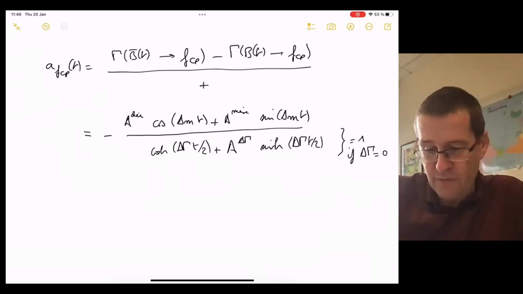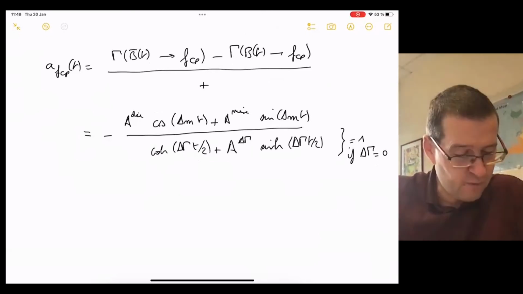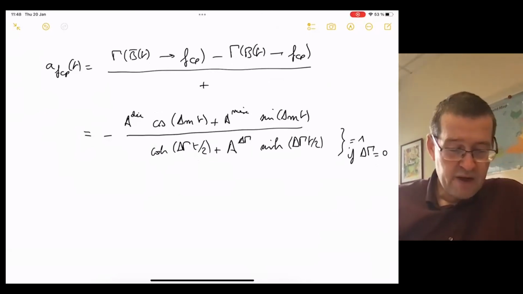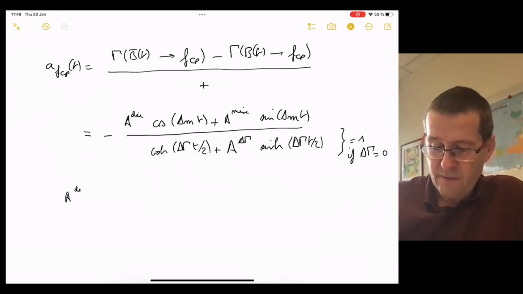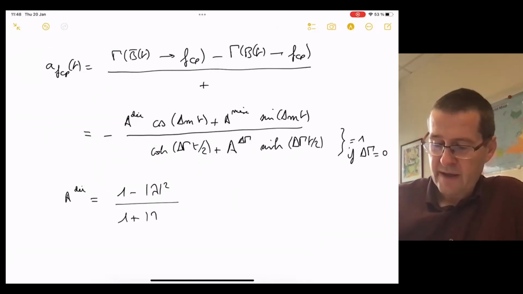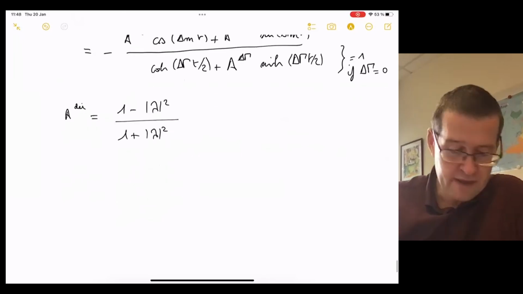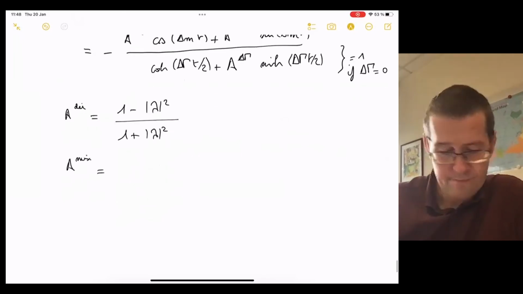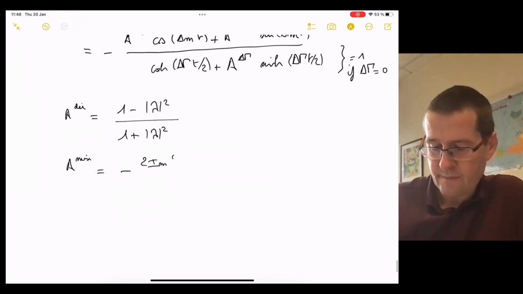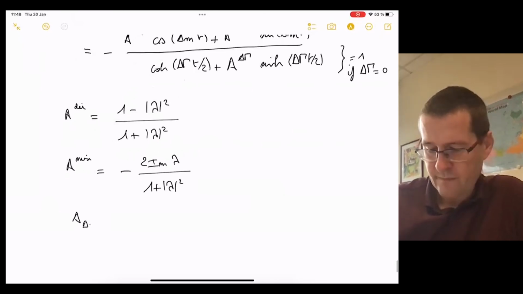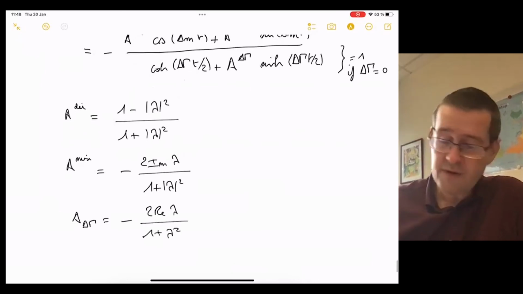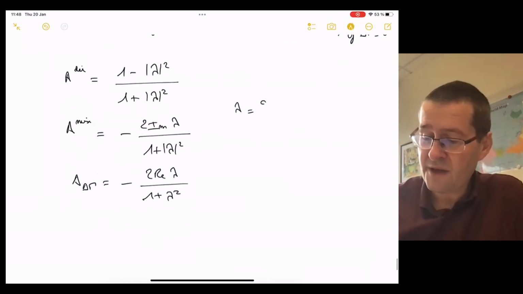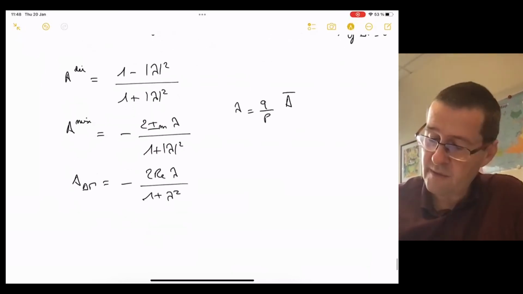I'm not doing the computation here, but taking the evolution that we just discussed before for B_d into B_d bar and the other way around, you can express all the three coefficients that you have before in terms of a single quantity lambda, which quantifies exactly the interference between decay and mixing.